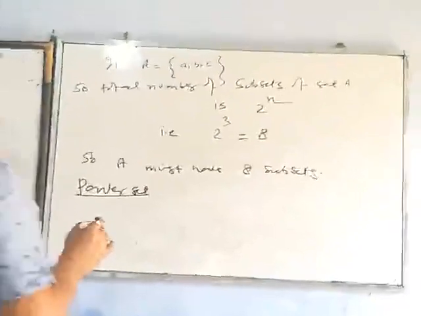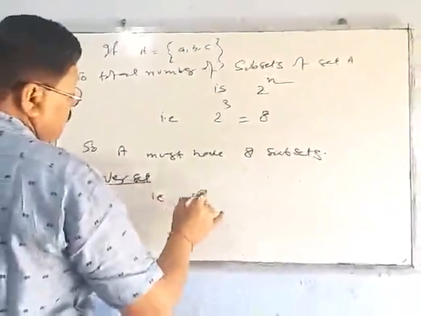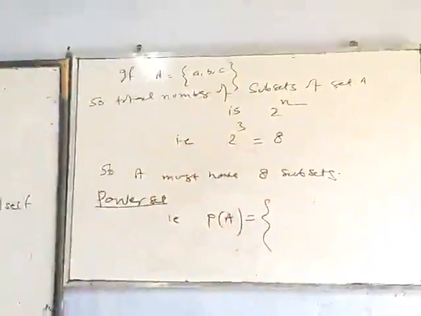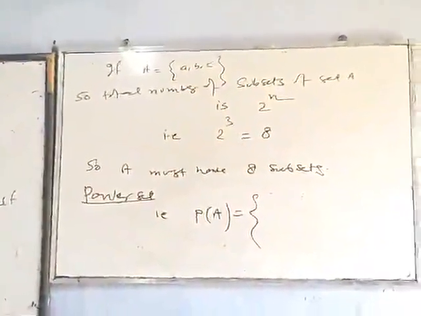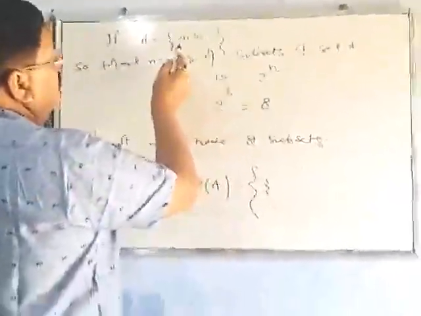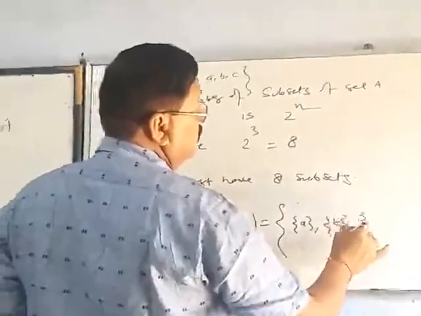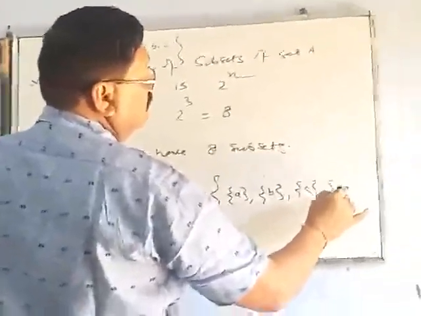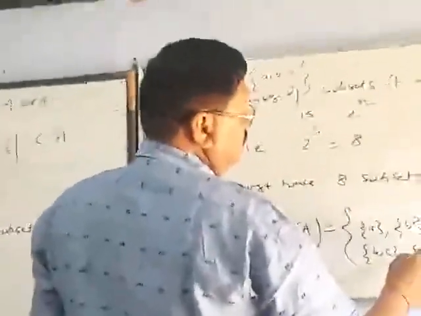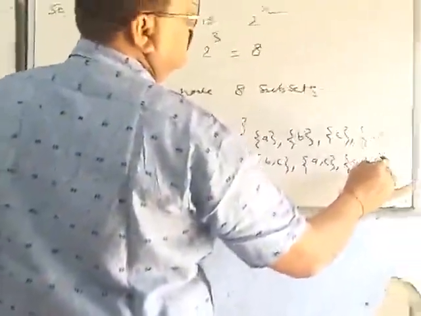The power set of A: if A has elements a, b, c, then the elements of the power set will be all the subsets of A: a, b, c, ab, bc, ac, abc and the null set.